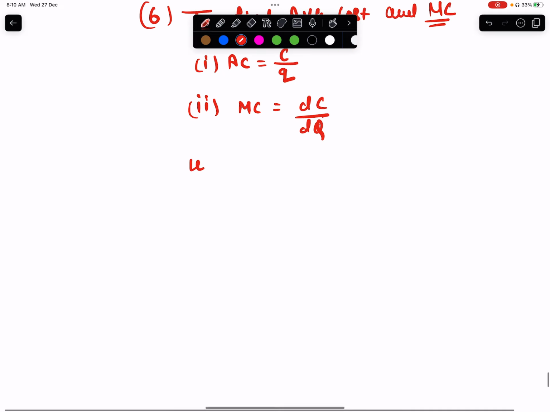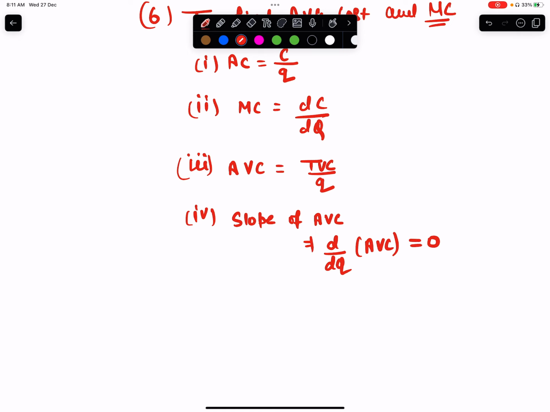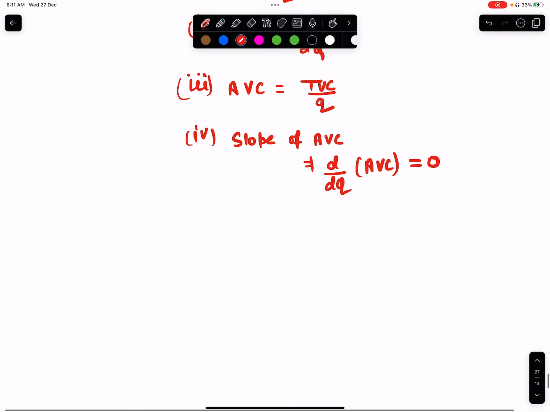Now third is average variable cost, that is total variable cost by q. Fourth, which is important, how to find the slope of average variable cost. To find the slope of average variable cost, we differentiate d by dq of average variable cost and put it equal to 0. This is an important property.